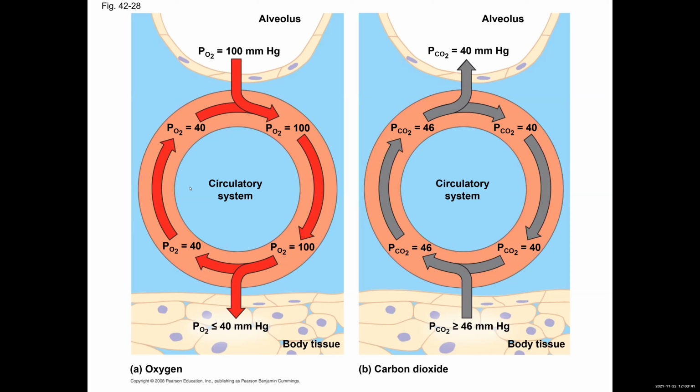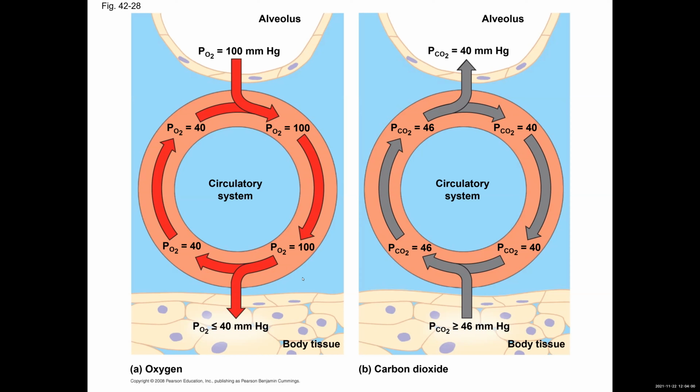Deoxygenated blood that's coming from our body tissues is only going to have a partial pressure of about 40. Right, so we have a gradient, we have a difference. So oxygen is going to move by diffusion from the airspace in the lung to the blood.